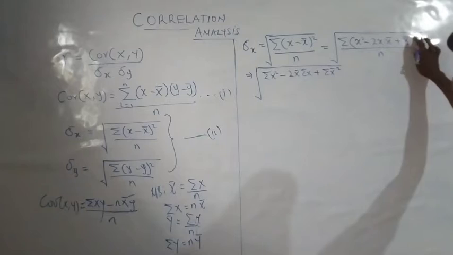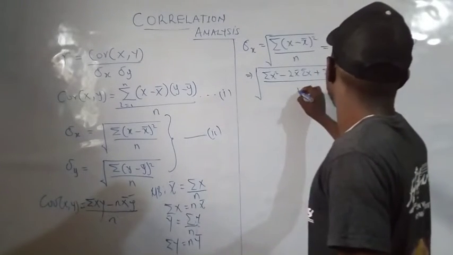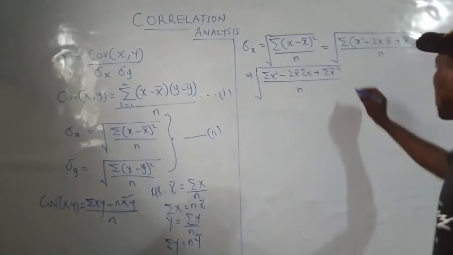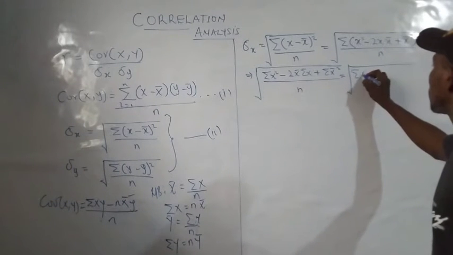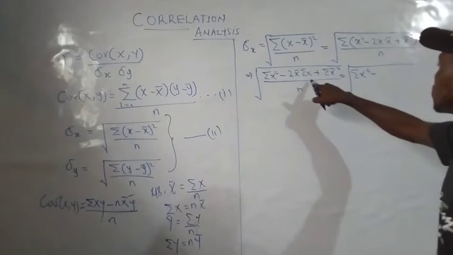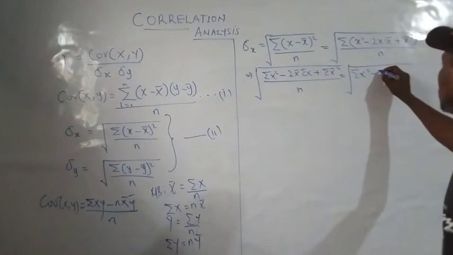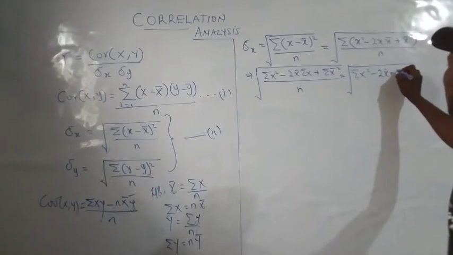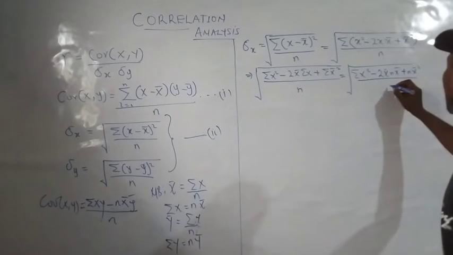Sorry, there's supposed to be squared here and not outside. So all over n. So on that note, I believe you know that we'll be having the square root of the summation of x squared minus 2x bar, our summation x as n x bar, plus n x bar squared, all over n.